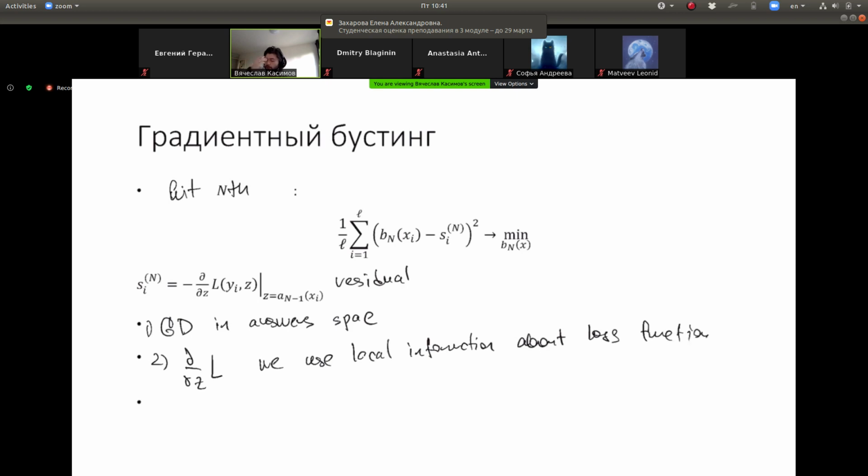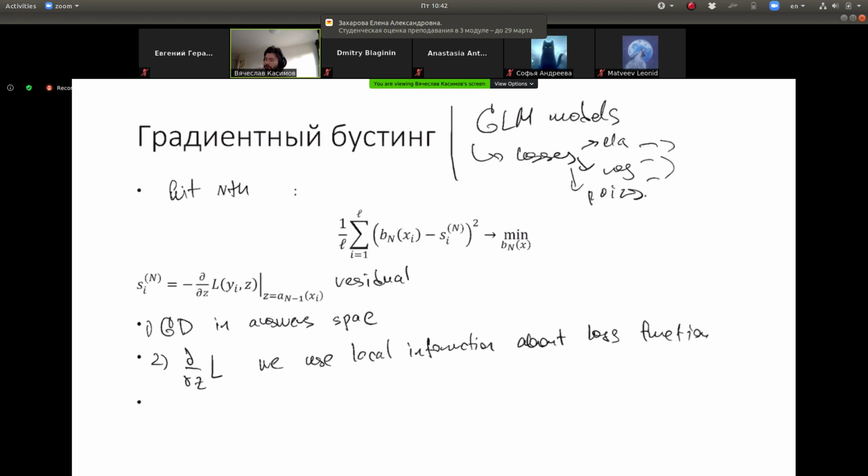Remember that when we discussed GLM models, we introduced different losses for classification, for regression, for Poisson regression. But what was similar is that they were all convex losses.